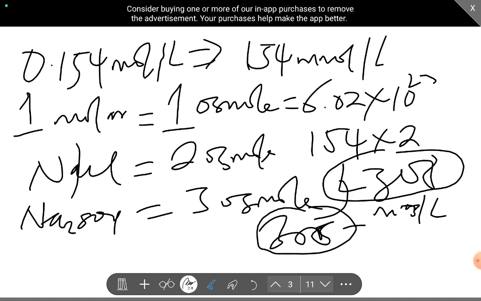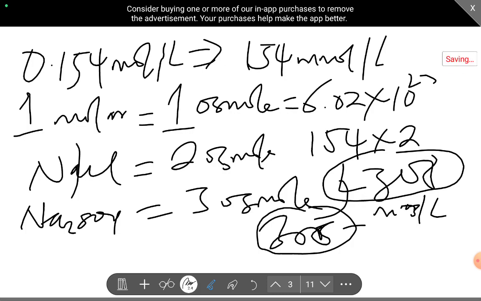When osmolarity is increasing, it means the solute increases in that compartment and the water concentration decreases. The moment there's hypertonicity, solute is increasing, and when solute increases, water concentration decreases.